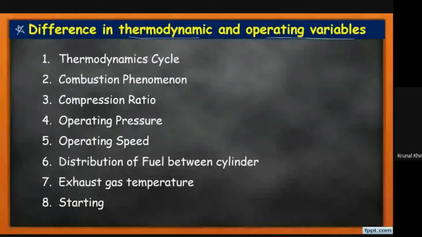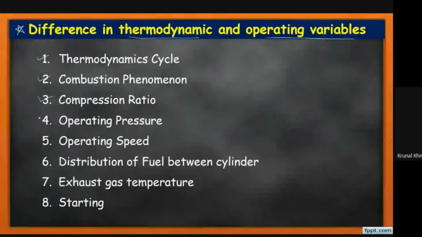I have listed eight points on which we are going to compare SI and CI engines. The first is the thermodynamic cycles, then the combustion phenomena, then the compression ratio.